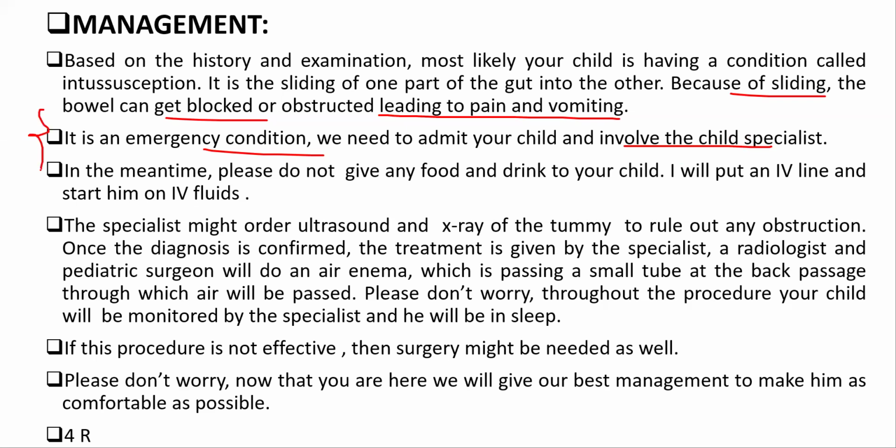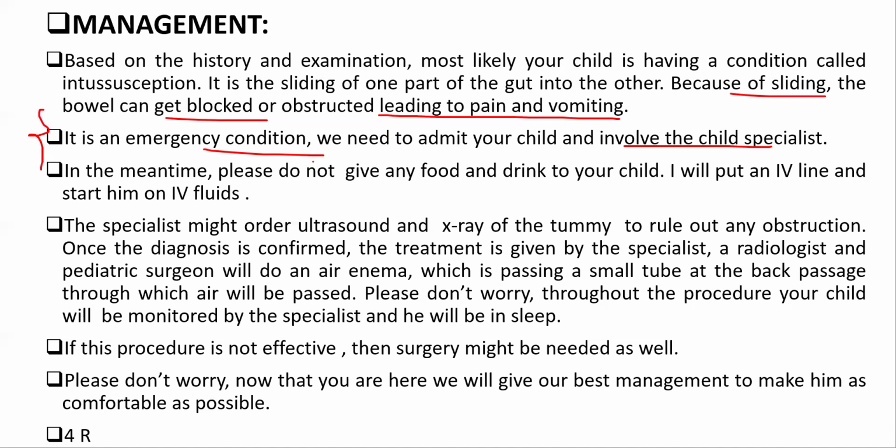Now, when you say it is an emergency condition, reassure the parents. At the same time, we always use the sandwich approach. If we say something bad, in the very next line we say something good or reassuring. So we'll say that please don't get scared about it. You are in safe hands. We have a very good team of doctors here who are going to take care of your child.